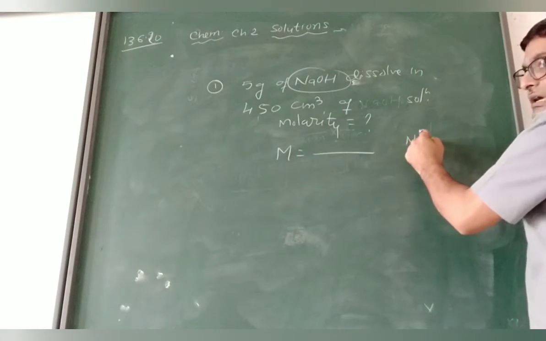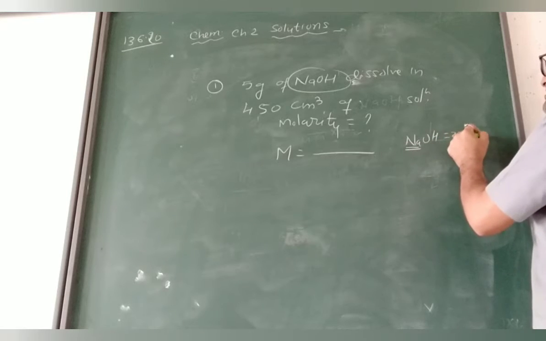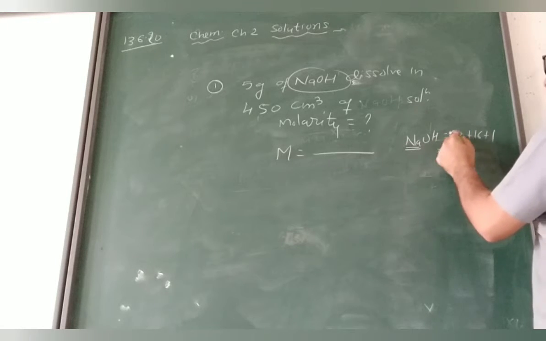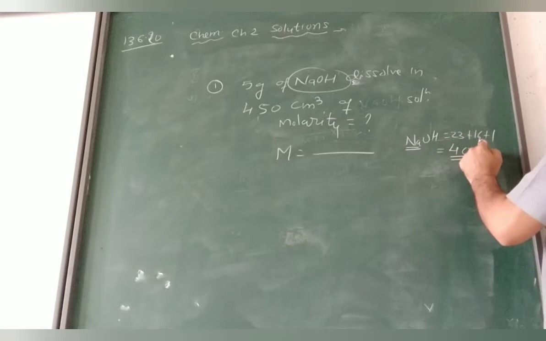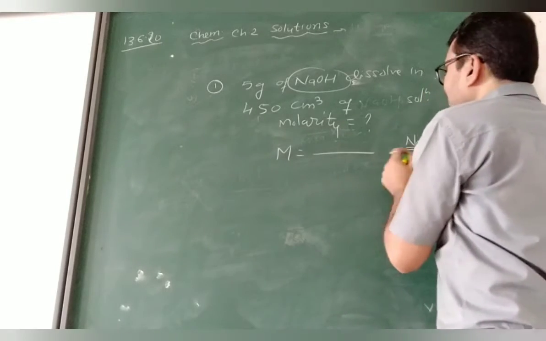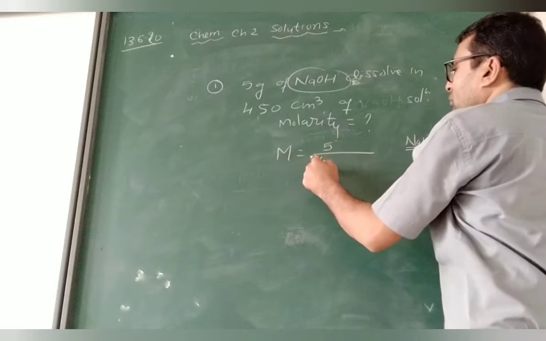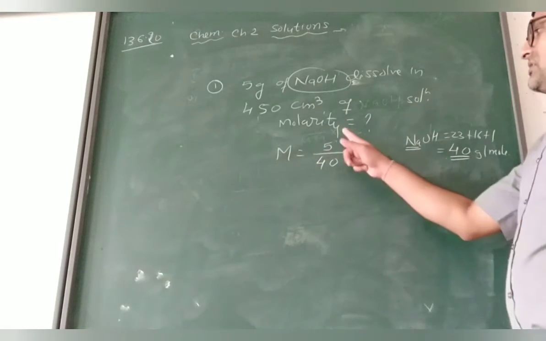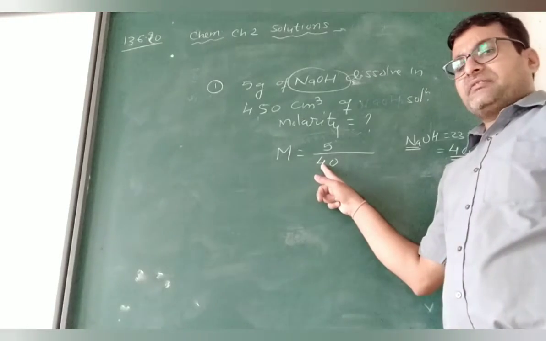You know, NaOH molecular mass is 23 plus 16 plus 1. It comes to be 40, right? 40 gram per mole, right? So we can say molar mass is given and mass is given. So 5 divided by 40 is the moles. It is the given weight upon its molar weight.